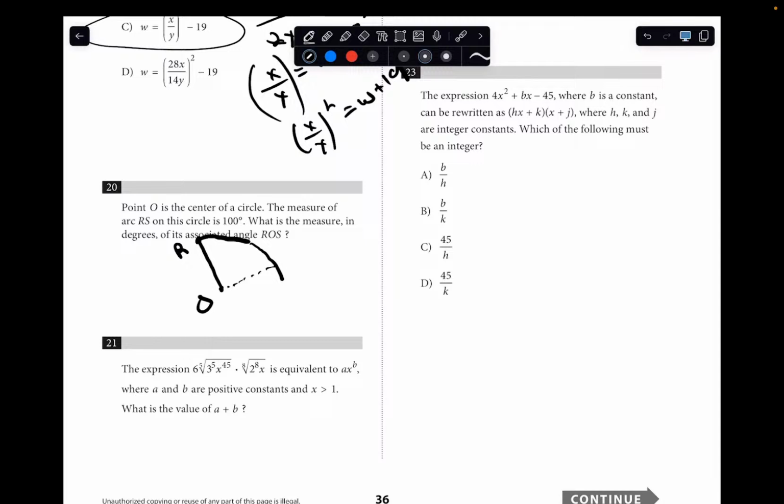We're just past that. S is about there, right? And it's saying it's 100 degrees, right? So what is the measure of the arc? It's 100 degrees. Don't overthink it.